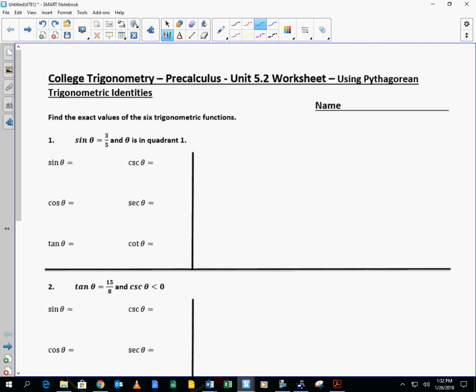Okay? It says, find the exact values of all 6 trig functions. It says sine of theta is 3/5 and theta is in quadrant 1. So instead of going IDK, what is one obvious thing that I could do? And yet I have people who don't write that. You don't do that, I call home. I'm not joking.